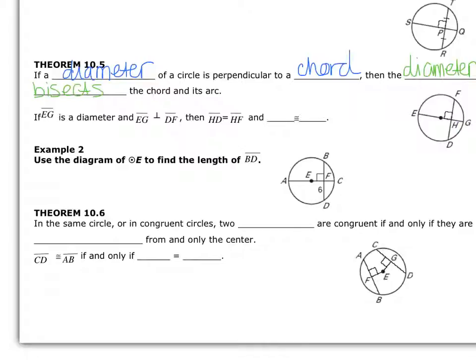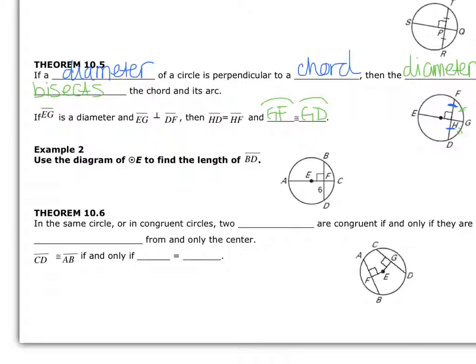Well, this one is if you know it's the diameter and it is perpendicular, then you can go ahead and say that it is indeed cutting that chord in half. And if it cuts the chord in half, then it is also cutting the arcs in half. So if segment EG is a diameter and EG is perpendicular to DF, then HD is equal to HF, and arc GF is going to be congruent to arc GD.